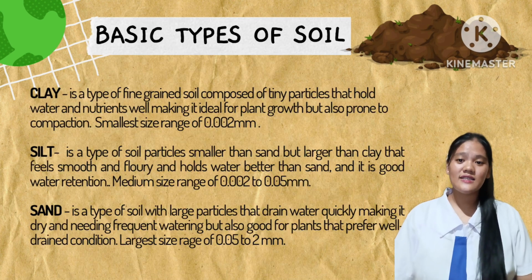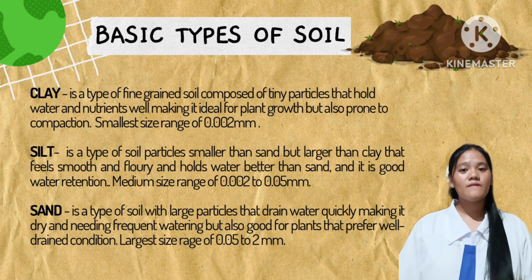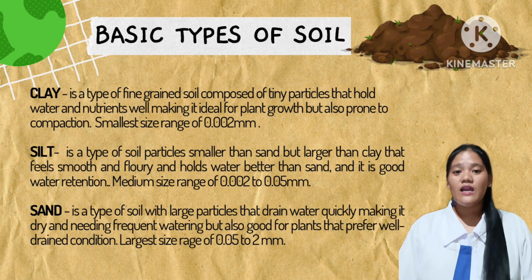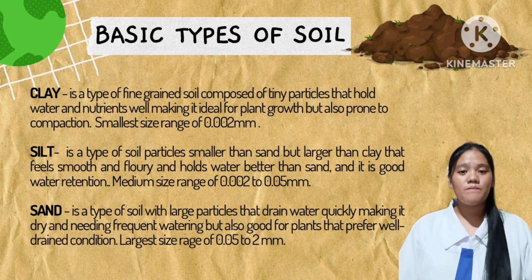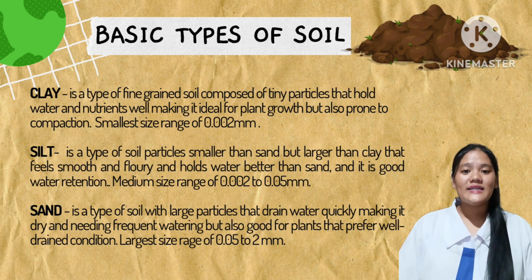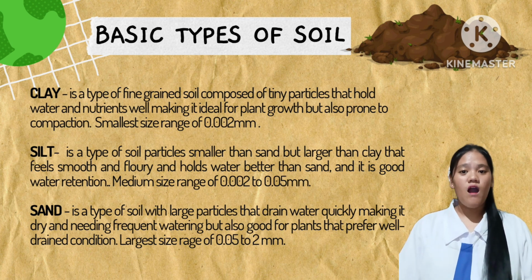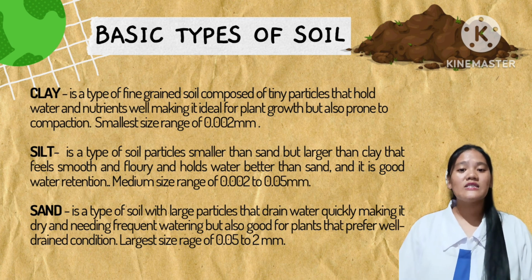First is clay. Clay is a type of fine-grained soil composed of tiny particles that hold water and nutrients, making it ideal for plant growth, but also prone to compaction, and it has a small size range of 0.002 millimeter.